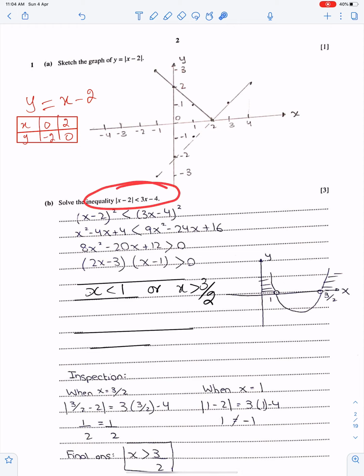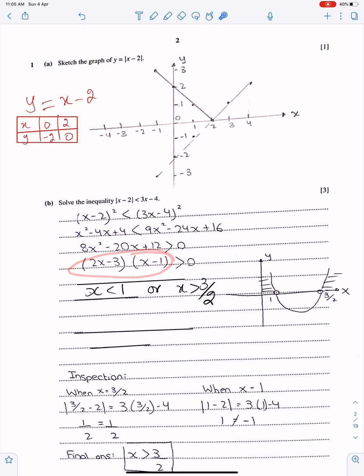Solve this inequality. You have an option. You can either solve this inequality through graph or through algebra. If you want to solve this inequality algebraically, then you need to square both sides in order to remove the modulus, and then bring everything to the left side. Make sure you change the sign of the inequality because you had a negative sign here.